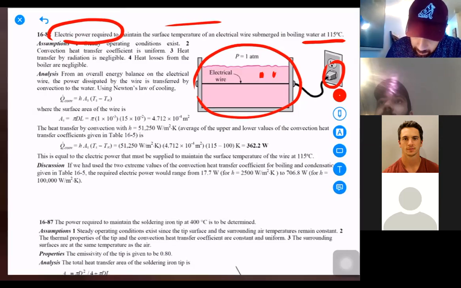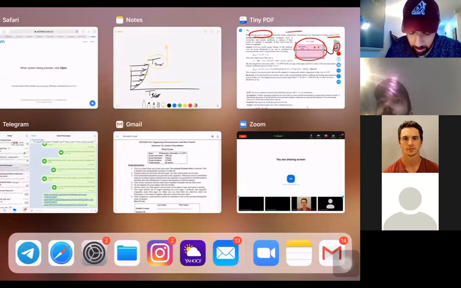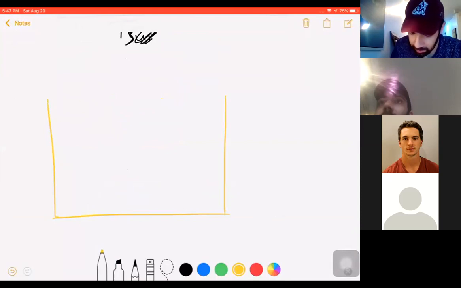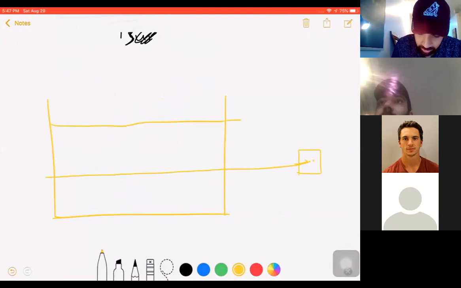Let me show it on my notepad. So if you have, for example, a heat source here, being submerged in a liquid of water, then your control surface or your system is the boundaries of this wire.